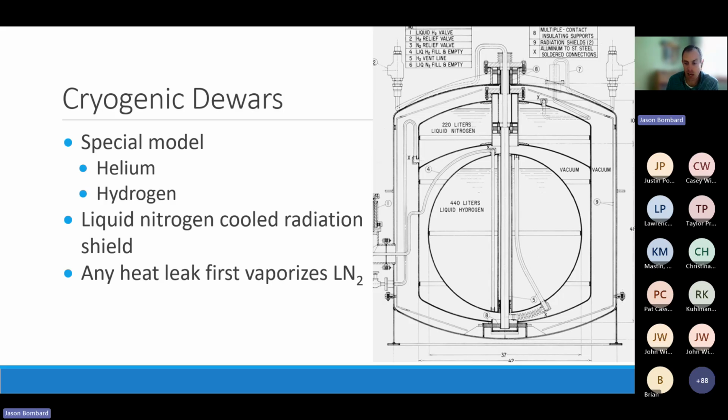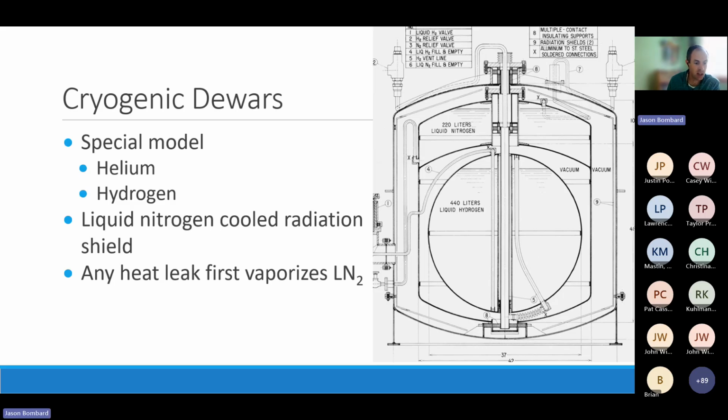So you've got, let's say, ambient temperature, 70, 80 degrees out here. All that heat leak is coming in, hitting this liquid nitrogen shield at negative 270, 80 degrees, vaporizing that nitrogen so that you're saving the liquid helium or hydrogen that's in the inner vessel.